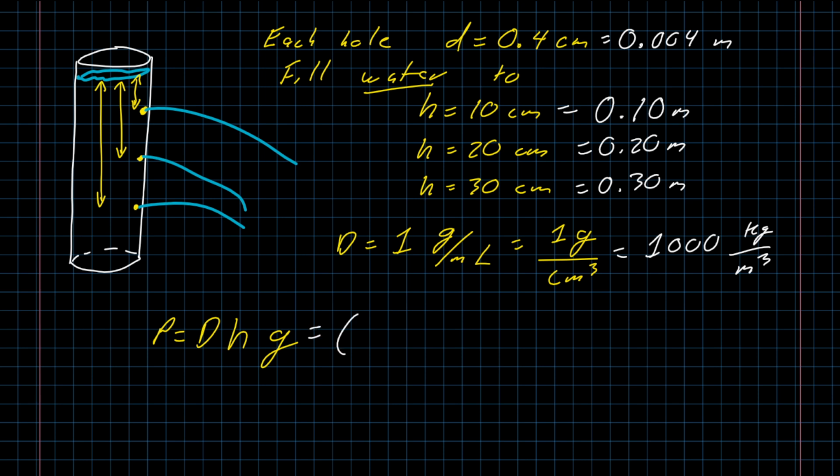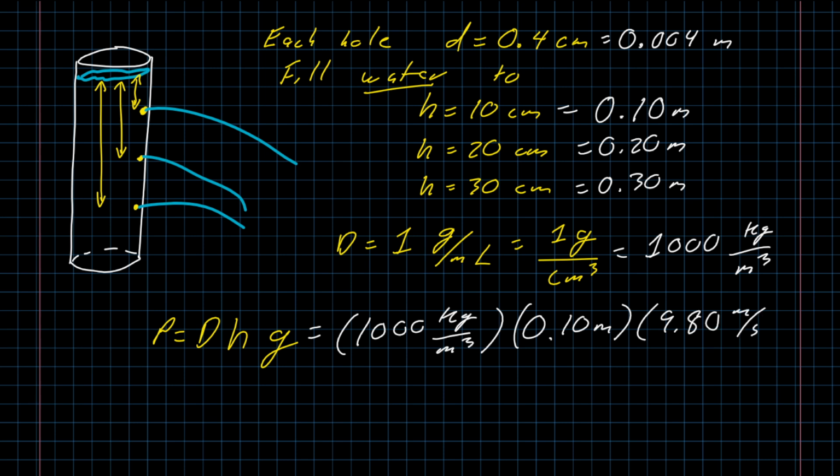Right, so take our density, take our height. I'm just going to do the first one because once you see the calculation, you can do the others on your own. Right, so we'll have kilograms per cubic meter times meters times meters per second squared.